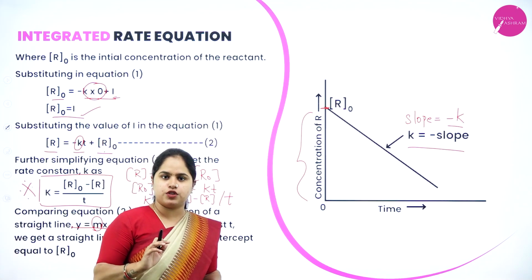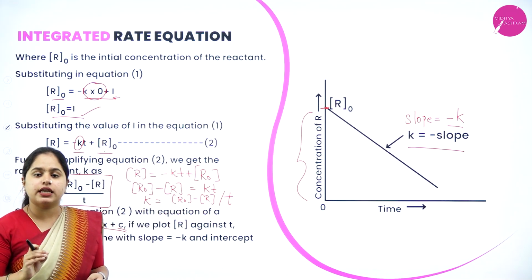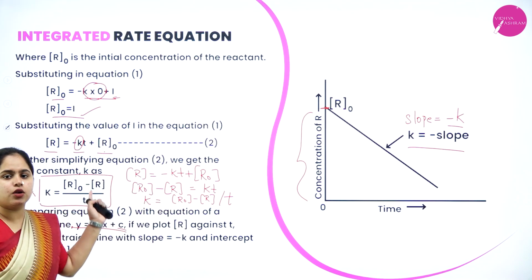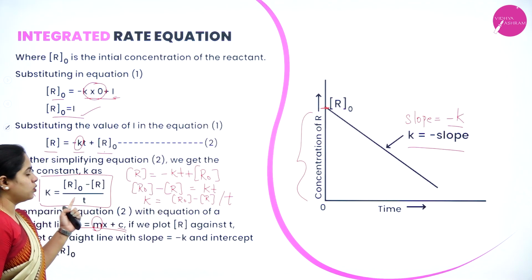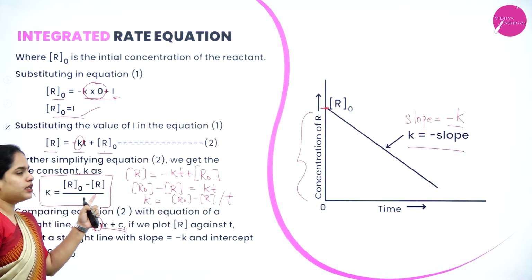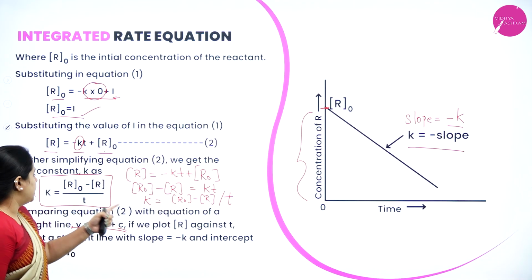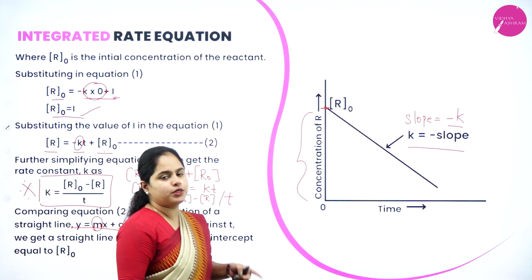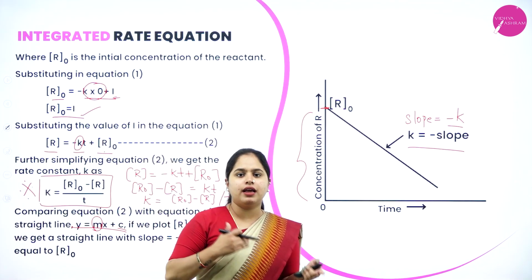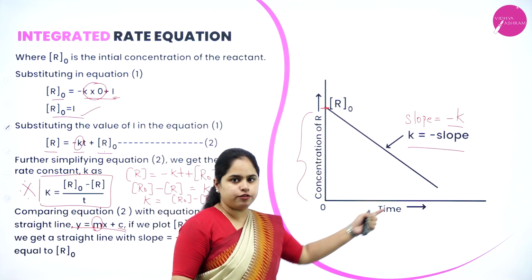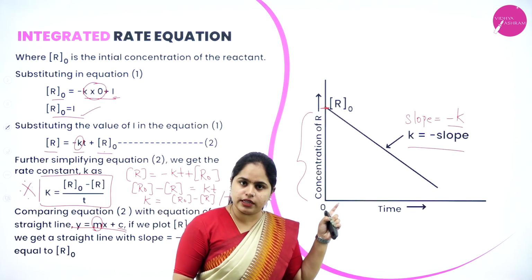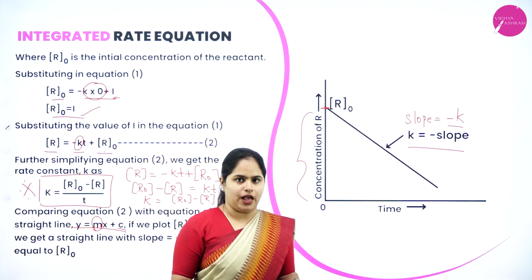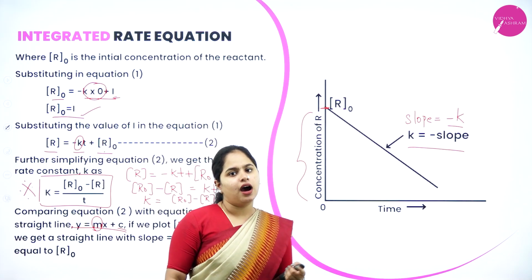So I hope the graph is also clear. The integrated rate equation for a zero order reaction is K is equal to R0 minus R by T. R0 is the initial concentration, R is the concentration at time T, divided by T. The graph plotted between concentration R and time will give a graph like this, from which we can calculate the slope, which will give you minus of the rate constant value, and the intercept will be R0.